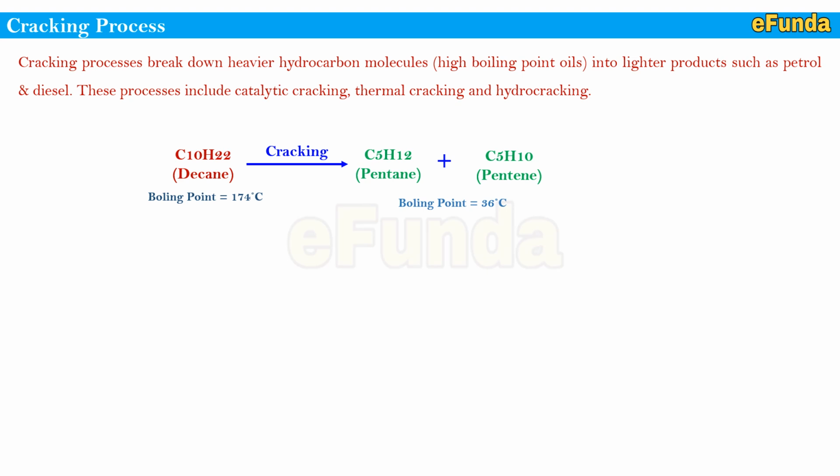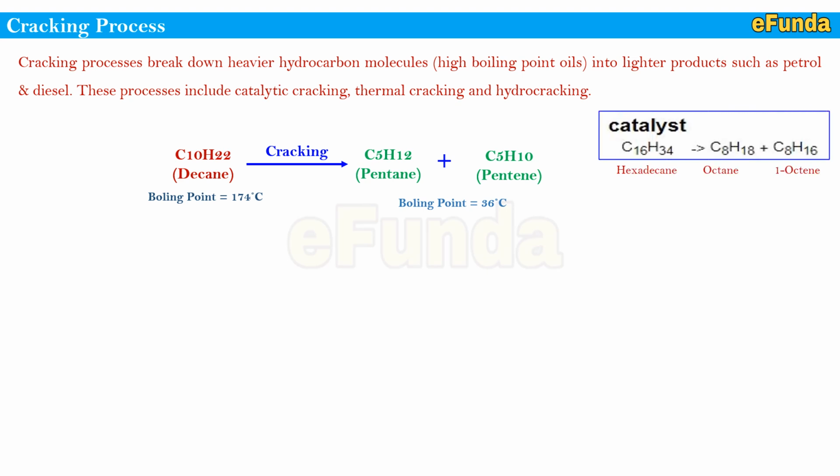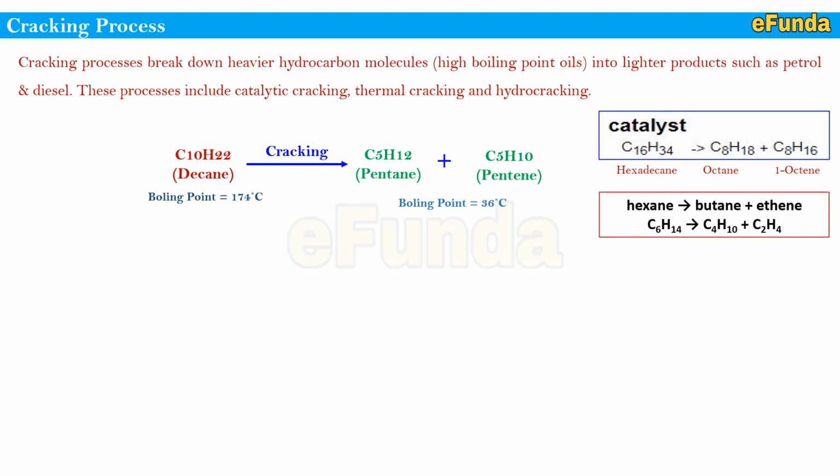Similarly, for another example, one can see the catalyst, and C16H34, that is hexadecane. After cracking, it is C8H18, that is octane, plus C8H16, that is 1-octene. And another example is hexane into butane and ethane, that is C6H14 getting converted into C4H10 and C2H4.